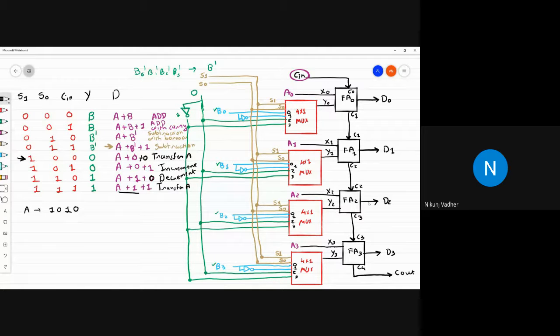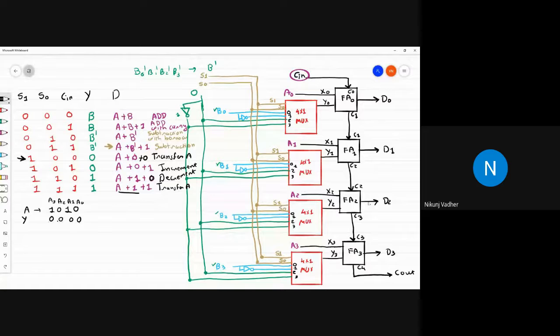Here the input from the selection of all 4 multiplexers will be 0, so 0 0 0. If I write it in terms of Y, this is A3, A2, A1, A0, and similarly this is Y0, Y1, Y2 and Y3.